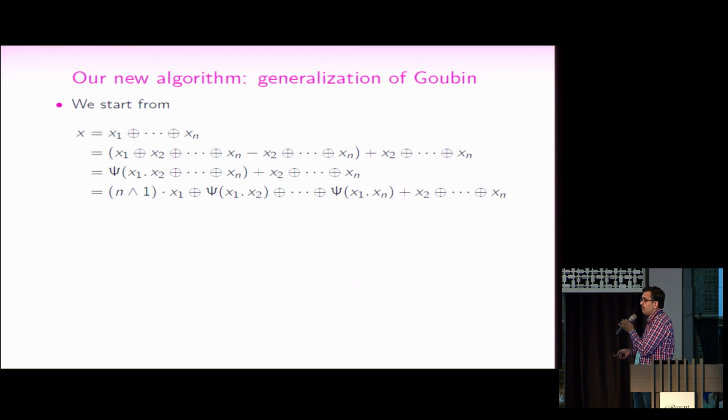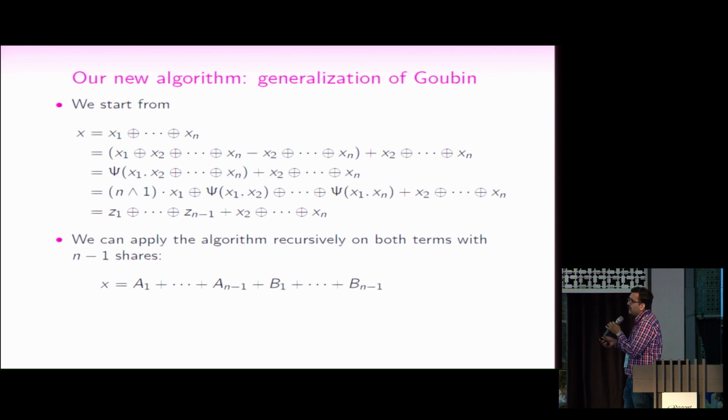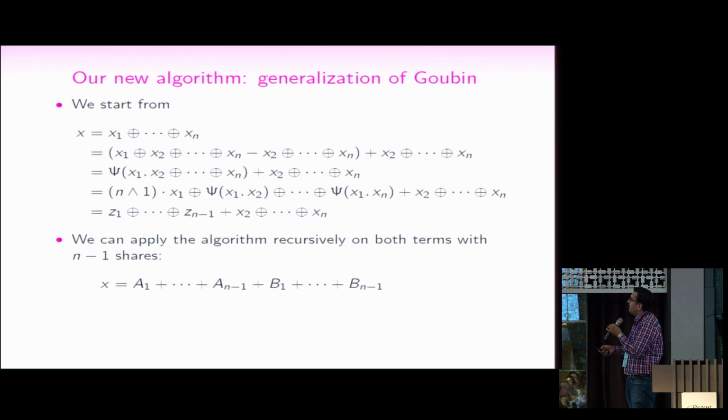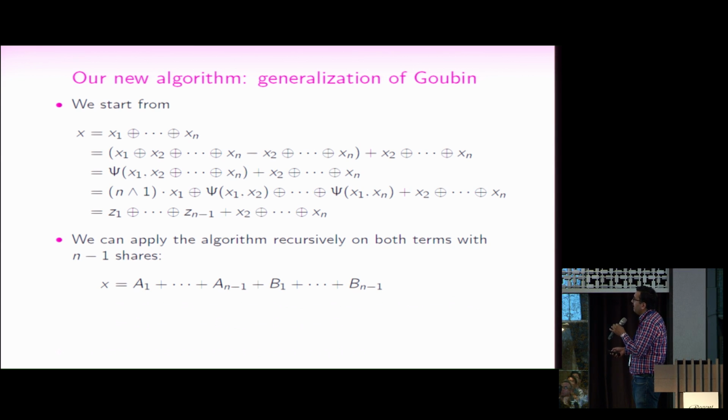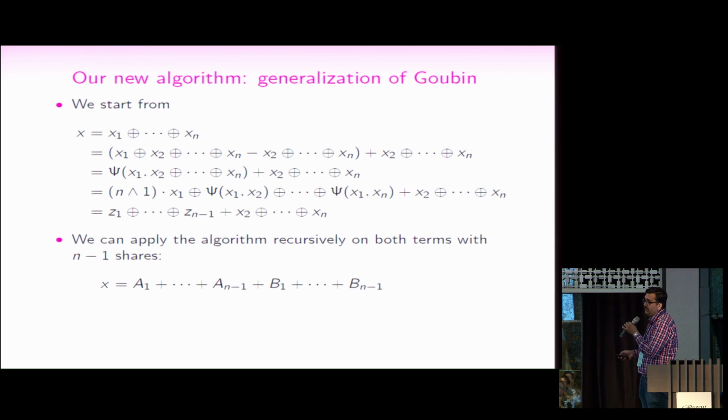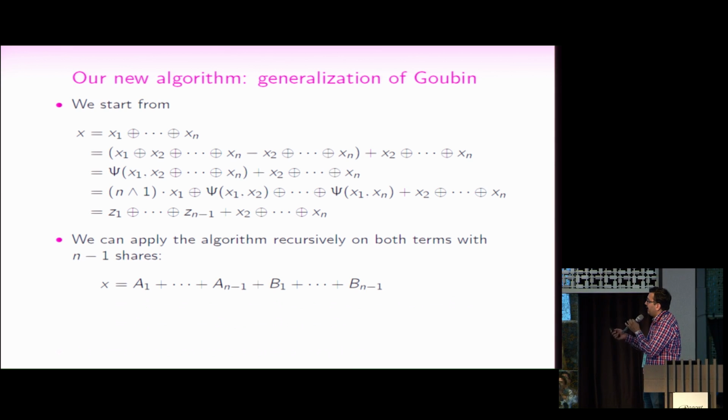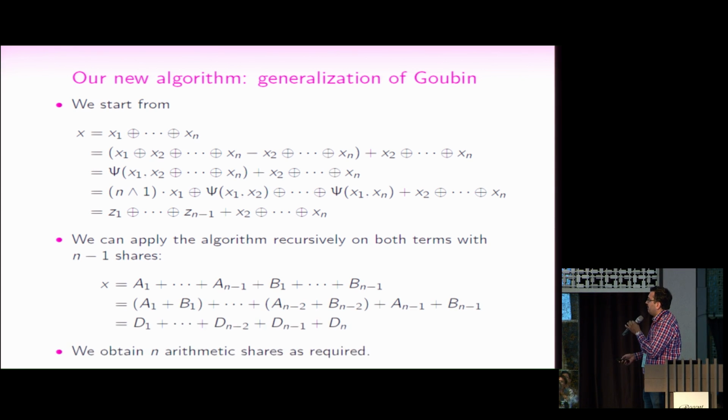Thanks to the affine property, this follows. And then we end up with the sum of the XOR of the Z shares, n-1 shares, and again the XOR of n-1 X shares. The idea is to recursively apply this trick, and finally we get n-1 shares A and n-1 shares B, but we want n shares. Just for that, we group every pair except the last pair, and we finally get n arithmetic shares.